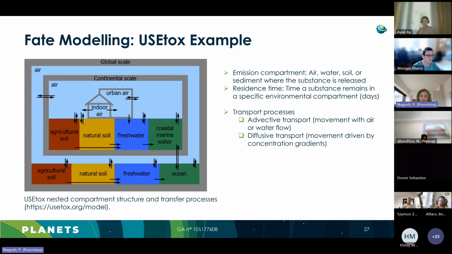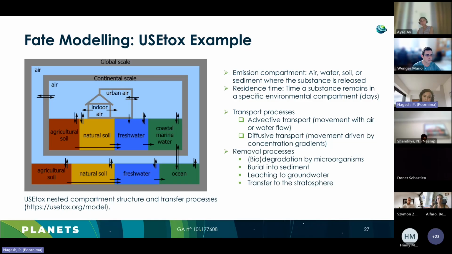So there can be advective transport through movement, or diffusive transport, because there is a concentration gradient between the different environmental concentrations. So the substance can also move between different environmental compartments.